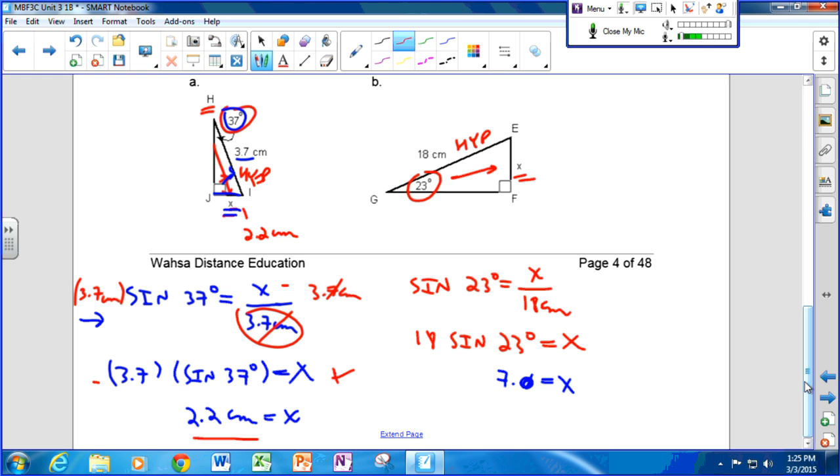Do not forget to put your units in, because if you put down 2.2, yeah, it's an answer, but you really have to have your units in there. I will take a half a mark off if you don't put your units in, just to remind you that you need to put those units in.